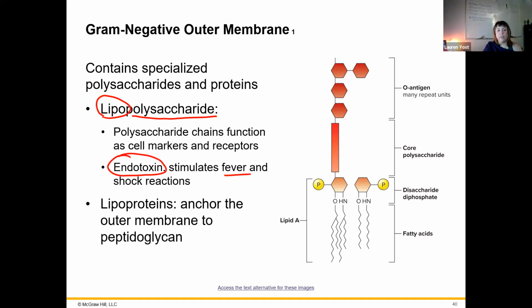This stimulates fever and shock. Whenever we are talking about our reactions to septicemia, where you have bacteria flourishing in your bloodstream, endotoxin is part of what can cause a shock reaction to that sort of infection. That is going to come up over and over again, and I need you to be aware that endotoxin is associated with gram-negative bacteria.